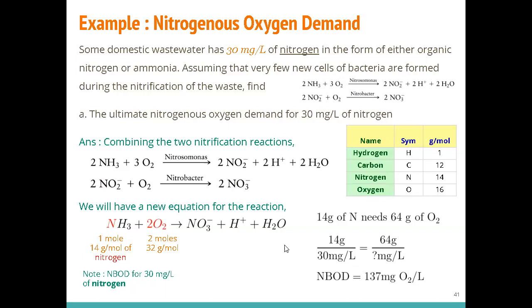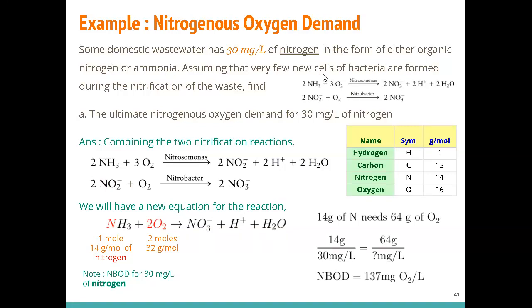Okay, so this question is asking about the nitrogenous oxygen demand. We have some domestic wastewater with 30 milligrams per liter of nitrogen. We're giving you the concentration of nitrogen in the form of either organic nitrogen or ammonia.